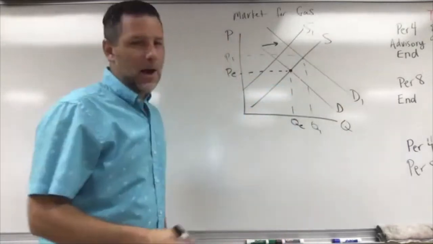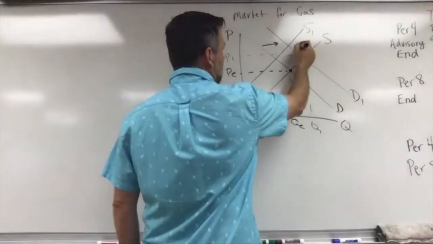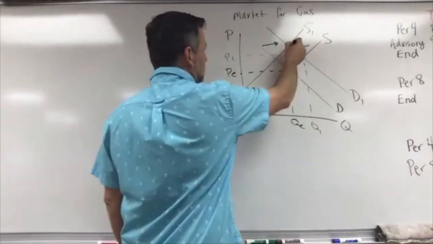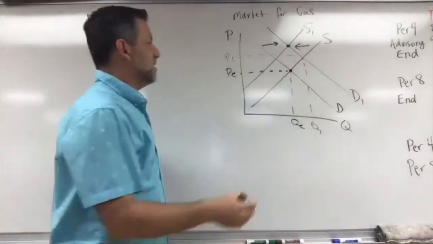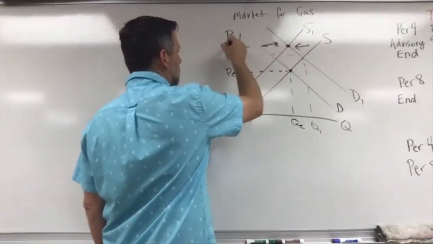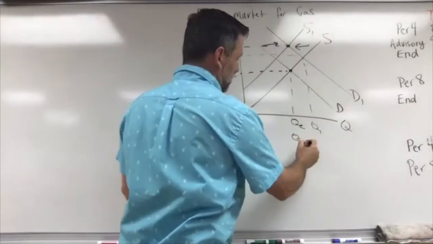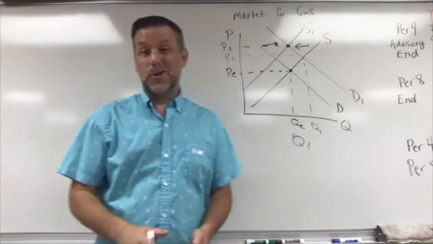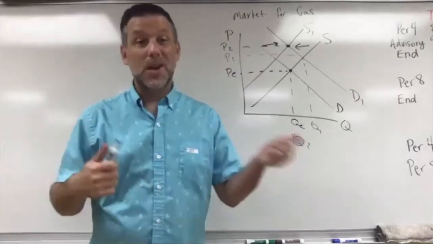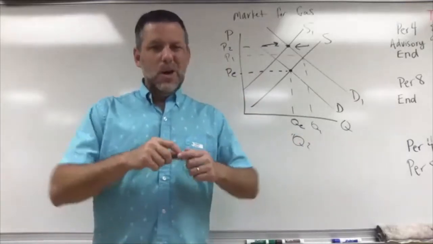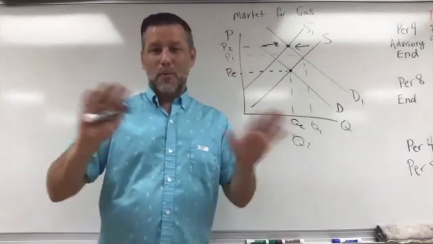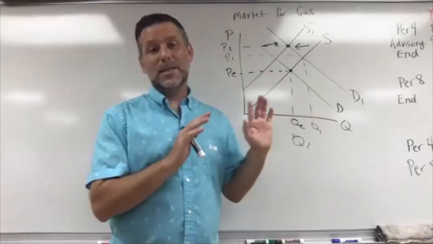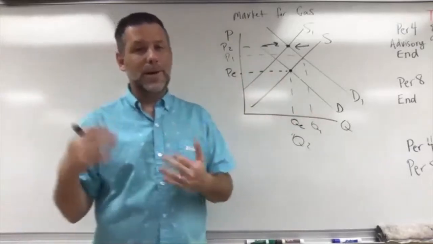And now we've had this weird double shift, and my price has gone up even more. But my quantity, we're not real sure. Remember, you can know one or the other, but you can't know both when there's a double shift. I'm not too worried about you remembering the double shift, because that's a little bit more complicated than we're going to need when we go forward in econ.